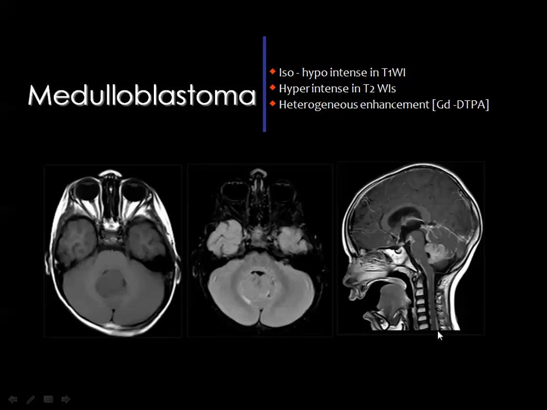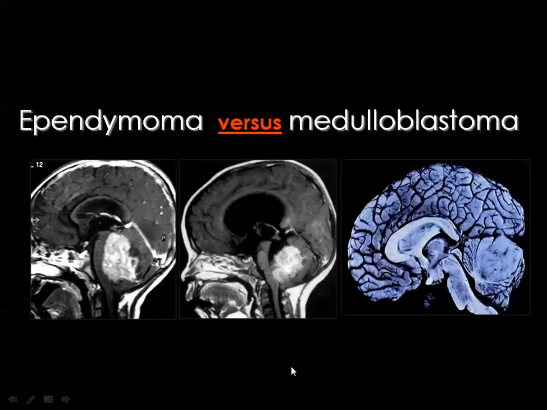Then one of the criteria which may help you to differentiate between ependymoma and medulloblastoma is the sagittal MRI images. The ependymoma usually totally obliterates the lumen of the fourth ventricle, especially this upper part of the fourth ventricle, while the medulloblastoma is encroaching on the fourth ventricle, and in many cases it leaves this area of the fourth ventricle unobstructed.